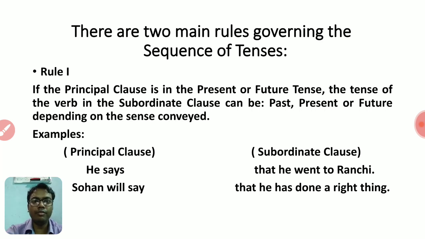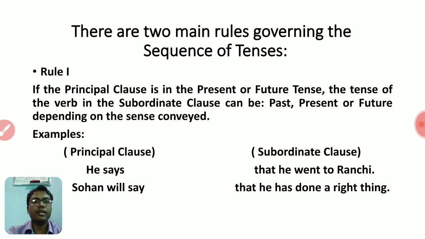This reporting verb is given in present tense, and that is why in "that he went to Ranchi", the reported speech, we have used past tense according to the sense, because rule number 1 is saying that whenever you get a reporting verb in present tense or future tense, then in the subordinate clause, that is, in the reported speech, the verb will take any tense according to the sense. So here the sentence is: he says that he went to Ranchi.